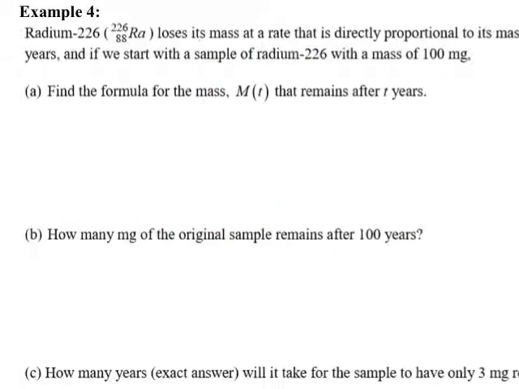Radium-226 loses its mass at a rate directly proportional to its mass. So they don't give us the exact equation, but we should know that the equation still follows that the rate of change of mass with respect to time is directly proportional to its mass. So this is just saying it in words, which means we can jump to our mass equation.